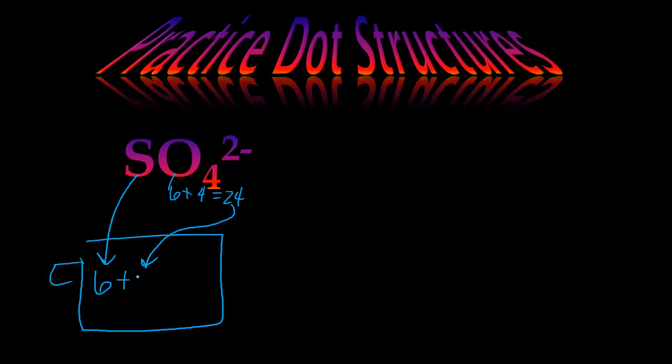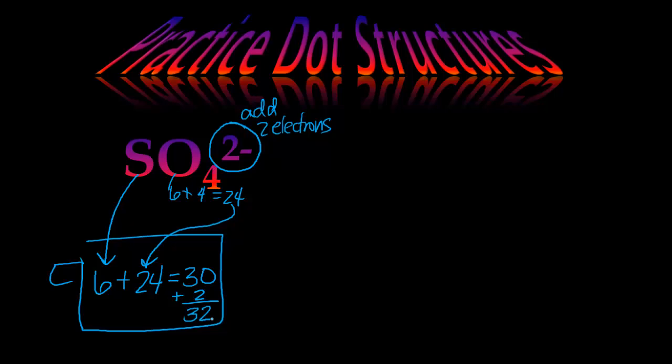So we're going to put 24, which gives us a total of 30. Now we've got to deal with this. Minus 2 means we need to add 2 electrons to the pot. So 30 plus 2 gives me 32 electrons.